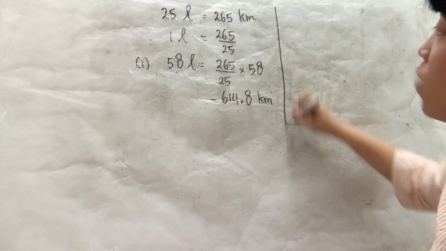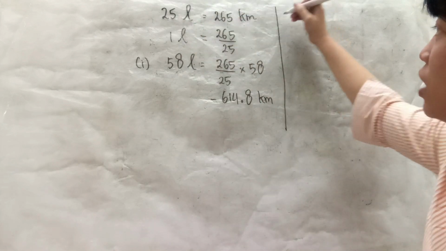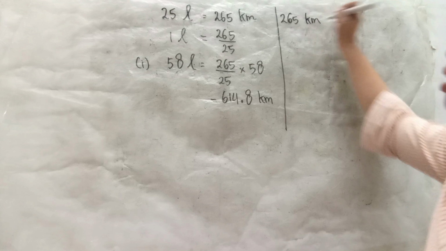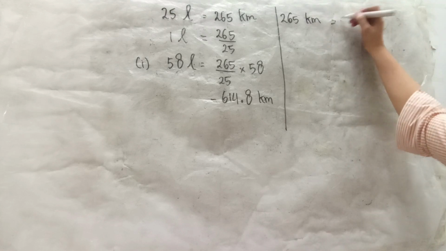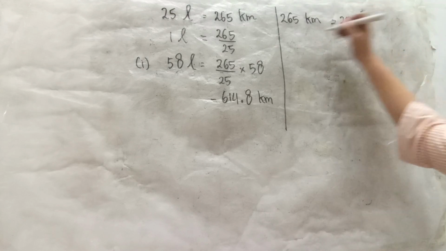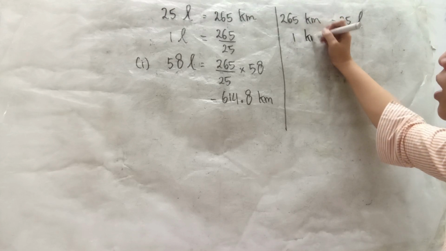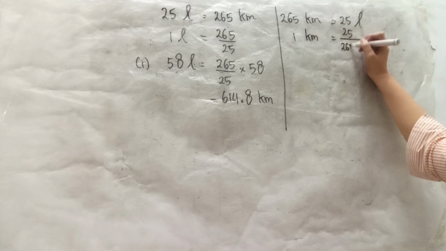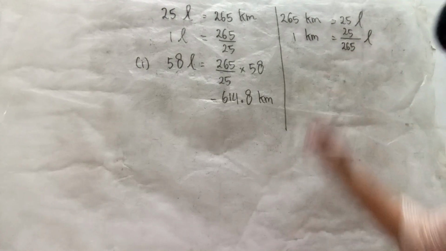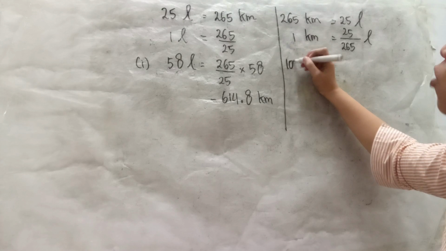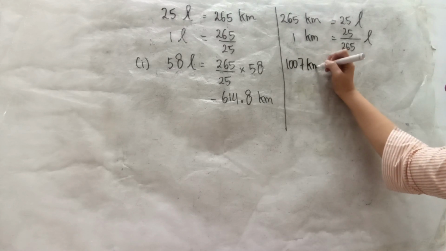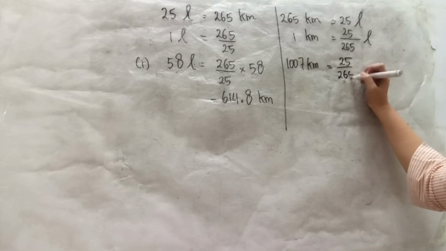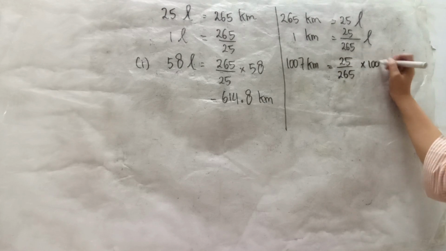Now you want to find how many liters, so just change position. 265 kilometers, 25 liters. So find for 1 kilometer, 25 per 265 liter. Then find for 1007 kilometers. So it means 25 per 265 times 1007.